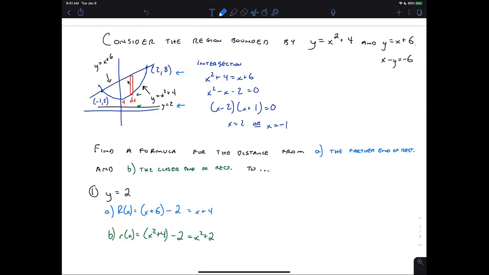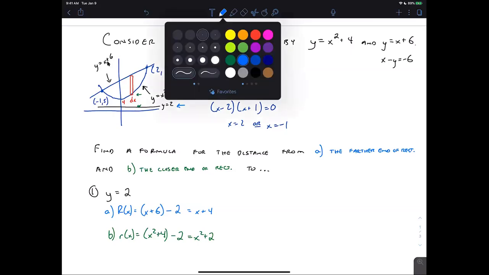You want to visualize these and say, okay, which end of this rectangle is farther away from y equals 2? Look at it. It's either the bottom or the top. This one's farther away, and because it's this one, then I'm using this. Does that make sense? Everybody clear? Okay, so I'm going to put a second one up, and I want you guys to try it.